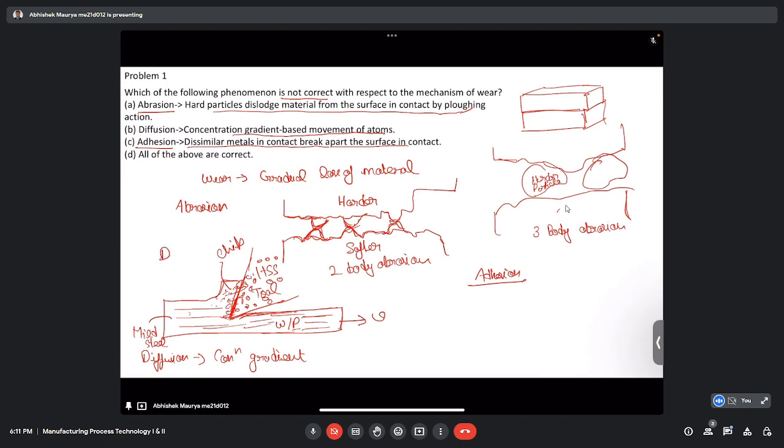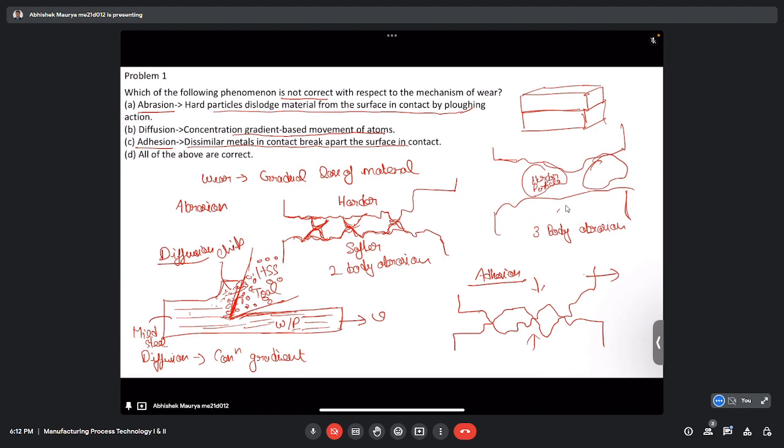So it was diffusion, and in adhesion, for example, if we have two bodies, and we have applied some load between them, and at the same time we are trying to give some relative motion between them.